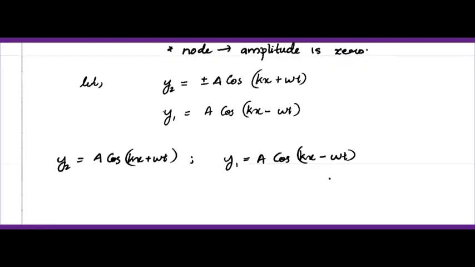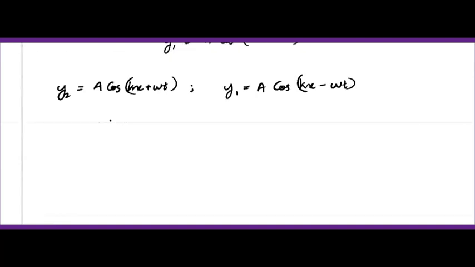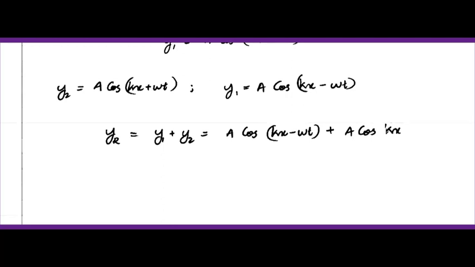We are going to add both these waves, that is the resultant y equals y1 plus y2, that equals a cos(kx minus omega t) plus a cos(kx plus omega t).